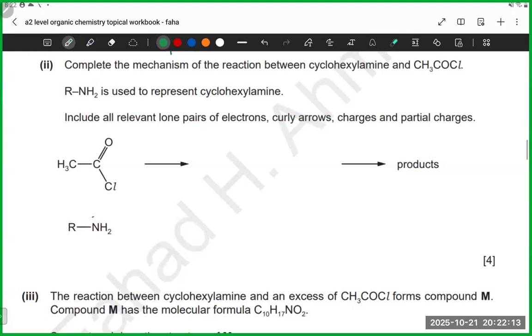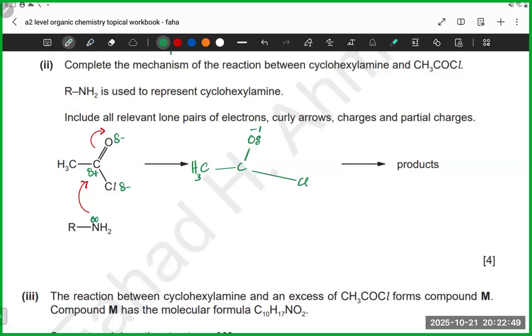So the N has lone pairs. The carbon over here is very strongly partial positive. This one is going to be attracted to this carbon over here, and the double bond electrons are going to be knocked upwards. And you will have CH3, and you will have CO minus 1.